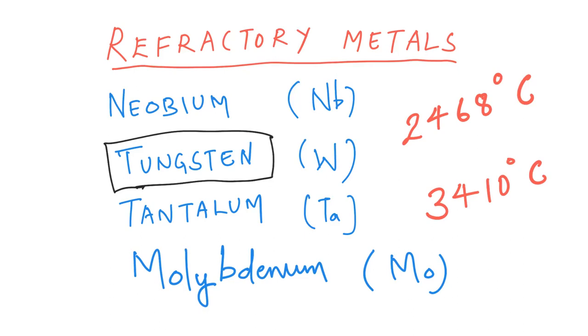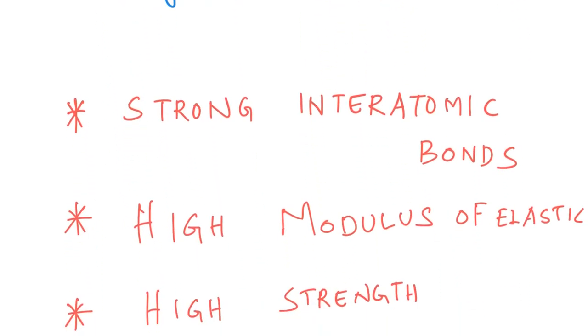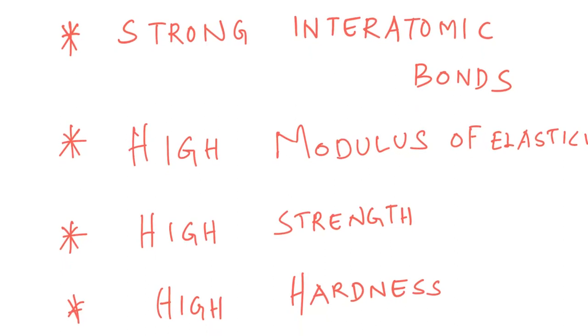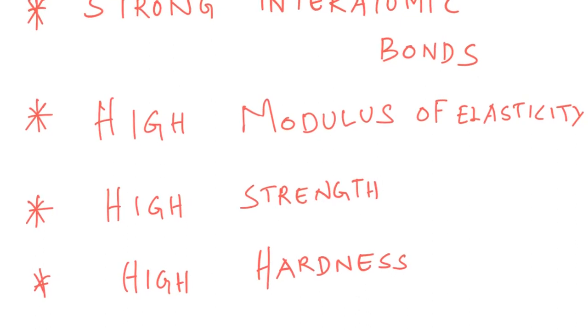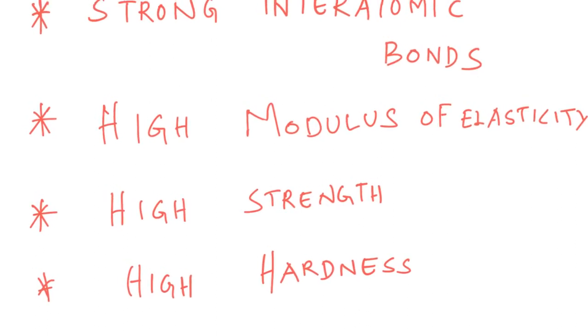If you compare these values with other materials like aluminum or steel or titanium, these values are very high. The reason these materials have a very high melting point is that they have very strong interatomic bonds, and since elasticity arises from the atomic level, Young's modulus is actually the resistance the atomic bonds offer.